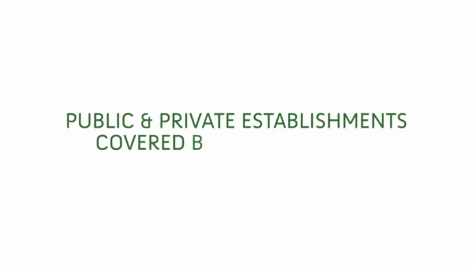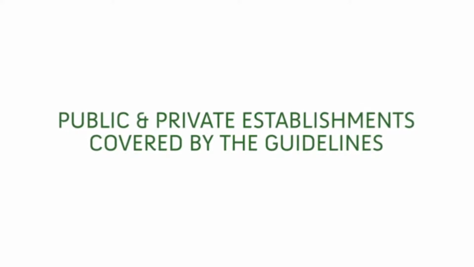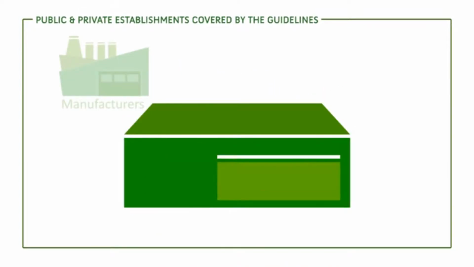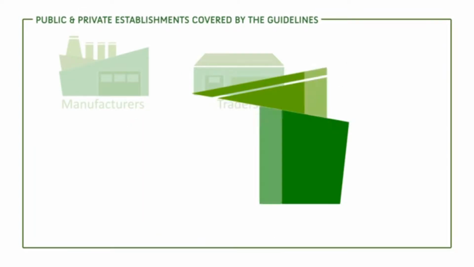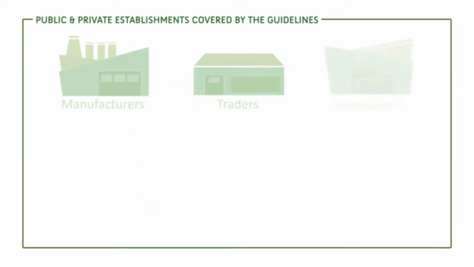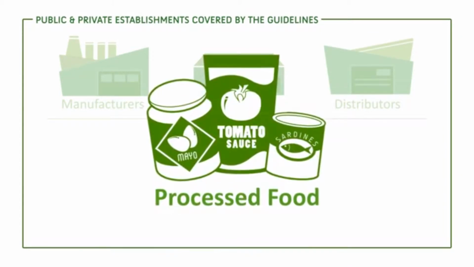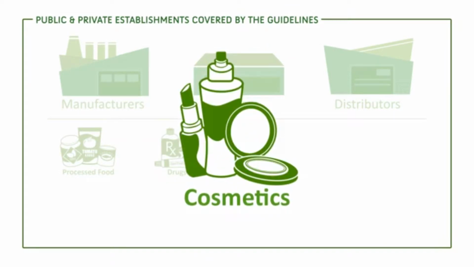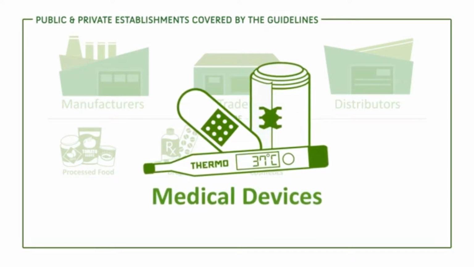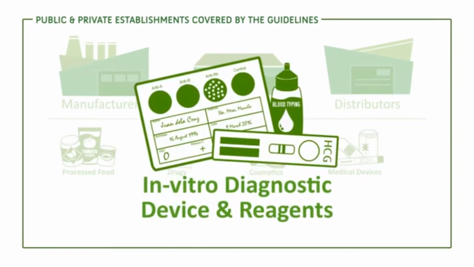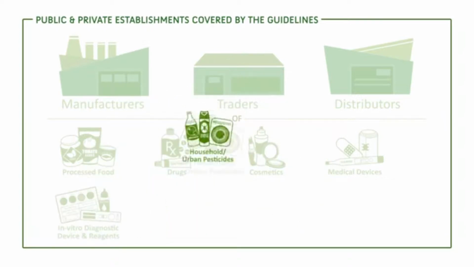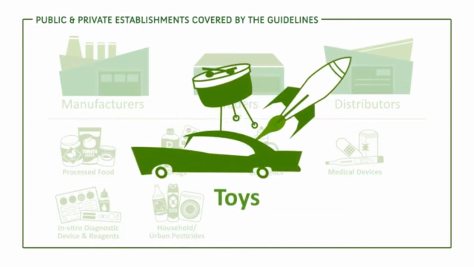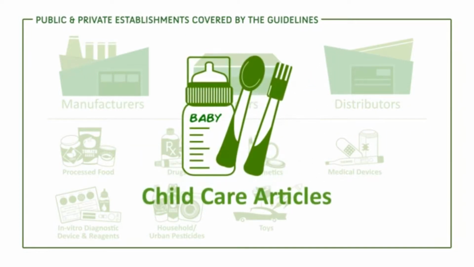The public and private establishments covered by the guidelines are the following: manufacturers, traders, and distributors of processed food, drugs, cosmetics, medical devices, in vitro diagnostic device and reagents, household urban pesticides, toys, and child care articles.